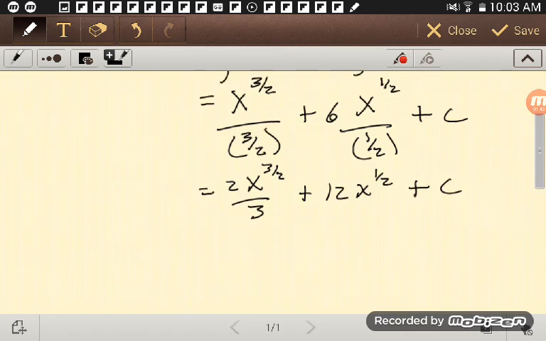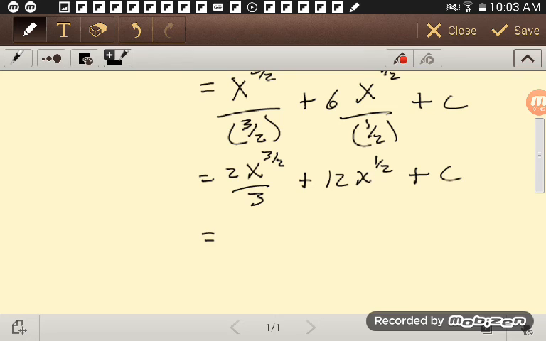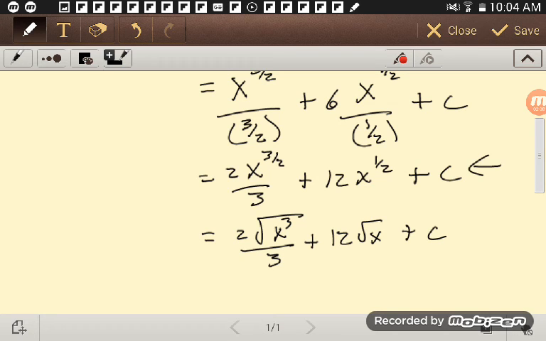Now you could, if you so wished, write something like 2 times the square root of x cubed over 3 plus 12 times the square root of x plus a constant, if you wish. I would say I'm pretty happy with this one up here.